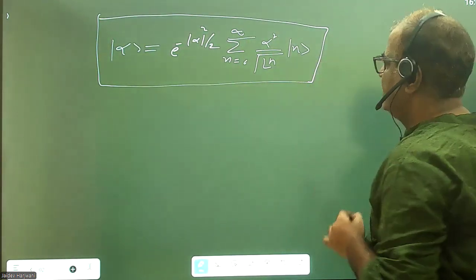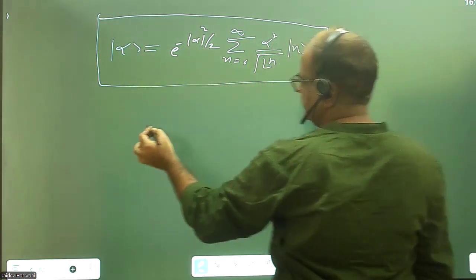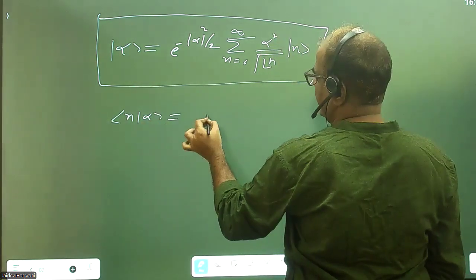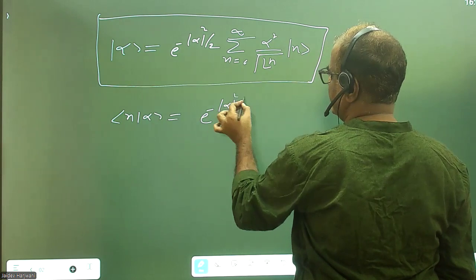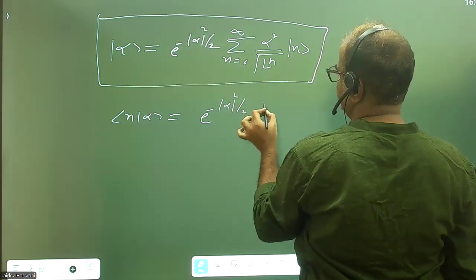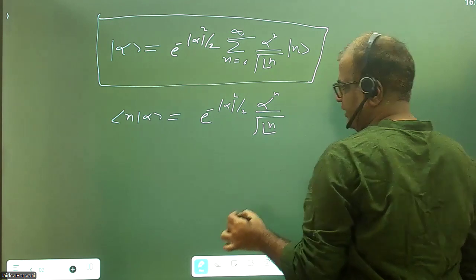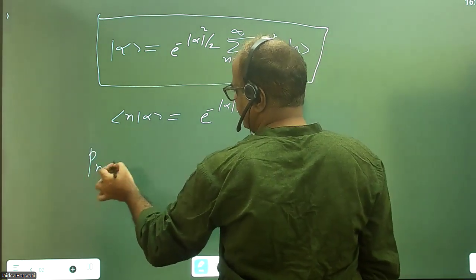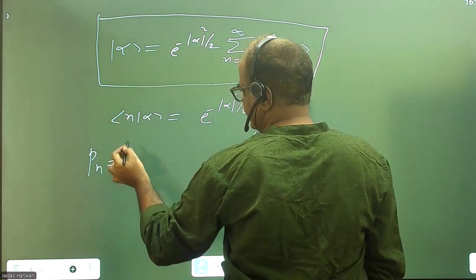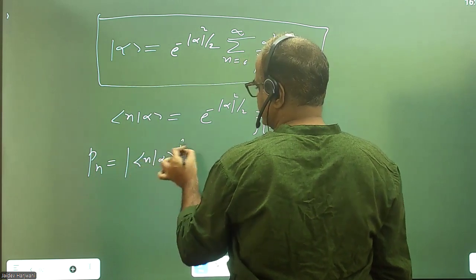And now if I want to find the probability of the coherent state to be in n, that is <n|alpha>, the amplitude will be e^(-|alpha|^2/2). When you operate <n| here, you get only alpha^n over under root factorial n. The probability P_n of the coherent state to be in state n will be given by the magnitude of <n|alpha> squared.